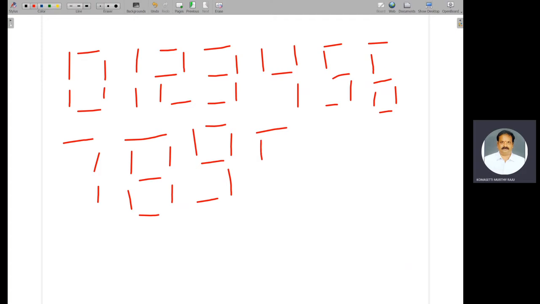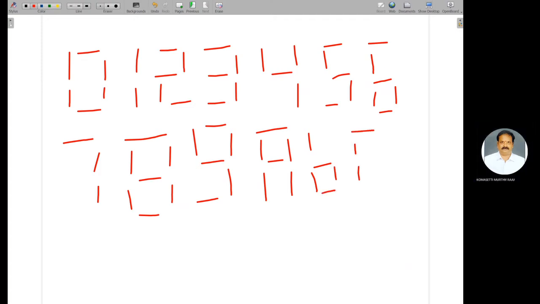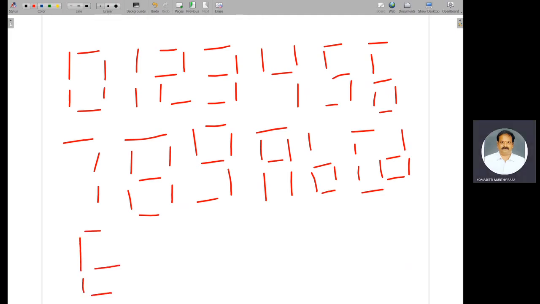This one is A. This one is B, C, D, E, and F. These are the numbers to be displayed on the 7 segment display.